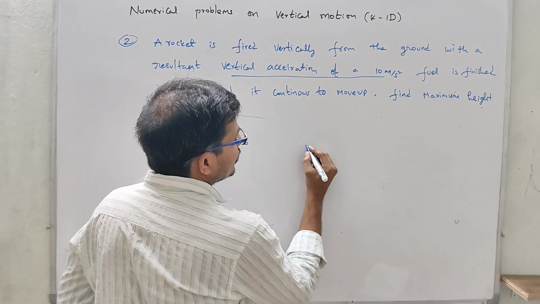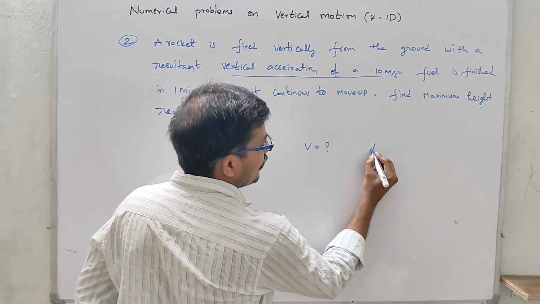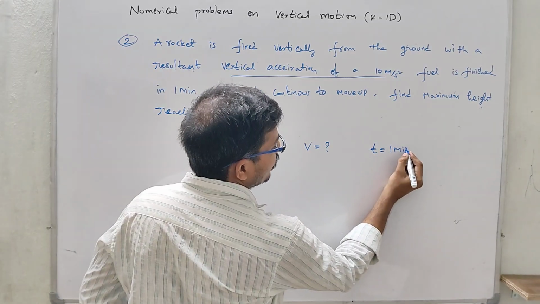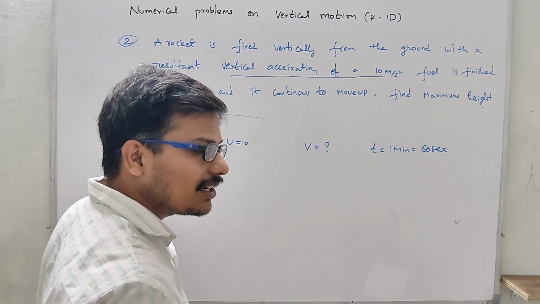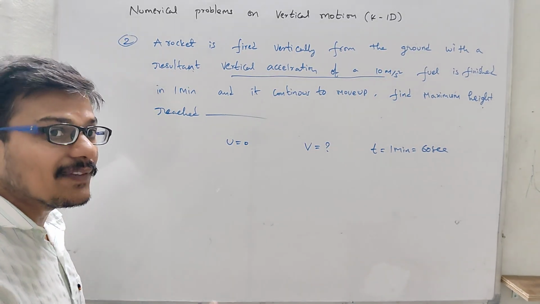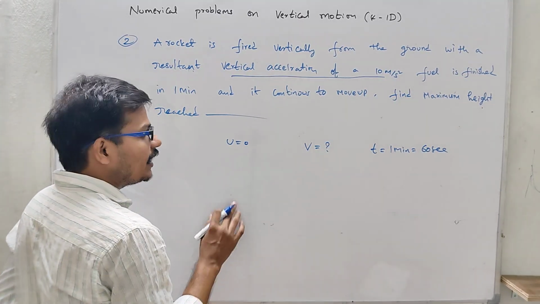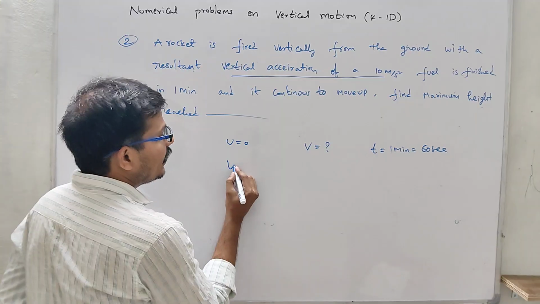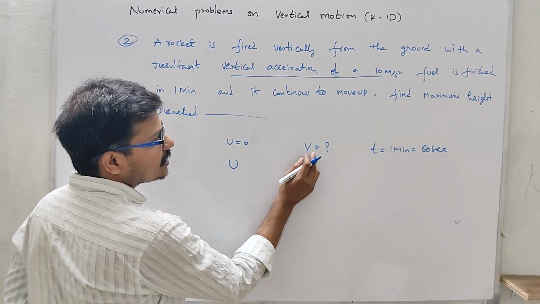So from this we have some initial velocity, and time t is 1 minute, which is given. 1 minute is nothing but 60 seconds. In the entire 60 seconds it has some fuel. After 60 seconds it doesn't have fuel, but it has some velocity. So in the second case, after completion of the fuel, it has this velocity. This velocity will become the initial velocity.